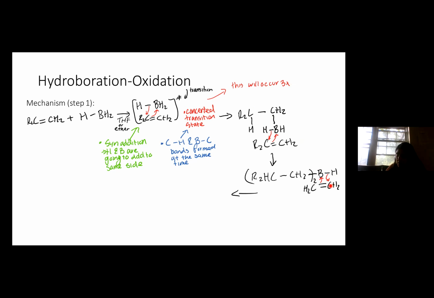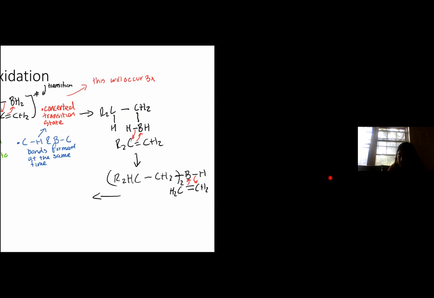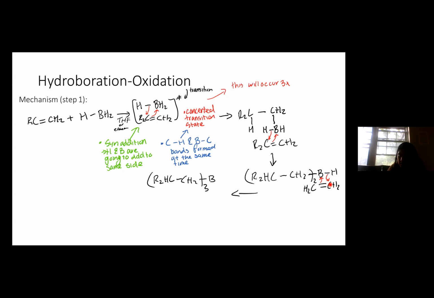So this double bond right here is going to move to form a bond between C and B at the same time as this bond breaks and forms a bond between H and C. So at the end, we're going to have something that looks like this right here. Again, this just denotes that there's 3 of the same substituents. So we're just going to have 3 substituents that look like this.